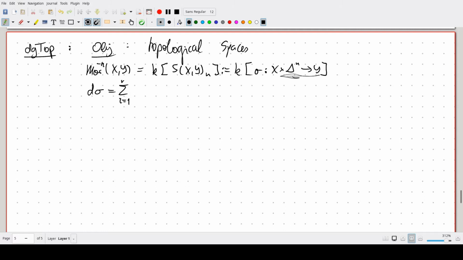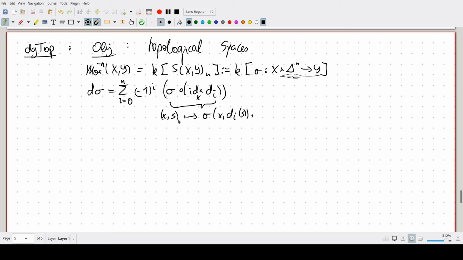Sum from i equals 0 to n of minus 1 to the i, and then we're going to have sigma composed with the identity on x times the ith face map. This is just the map that maps an element x in X and an element s in the n minus 1 simplex to sigma of x and d_i of s.